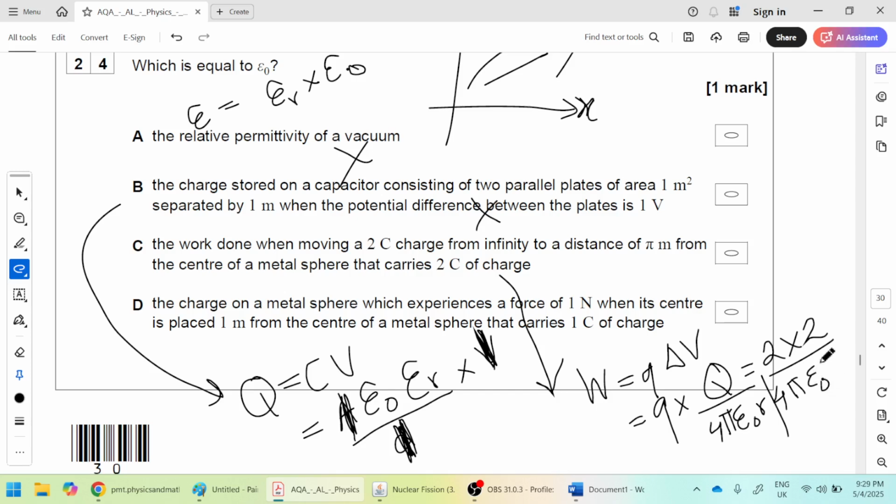But it can't be, because for the work done, epsilon is in the bottom. How can it be? Even if this is pi, nah, it's not gonna work. So this is also not going to work. So which means this should be the answer. But yeah, let's see.